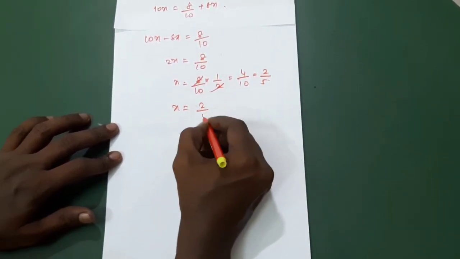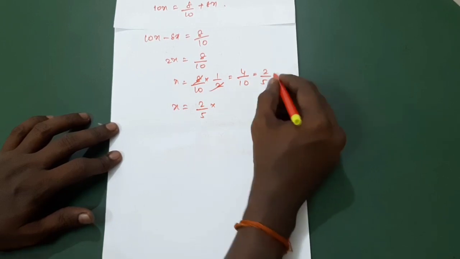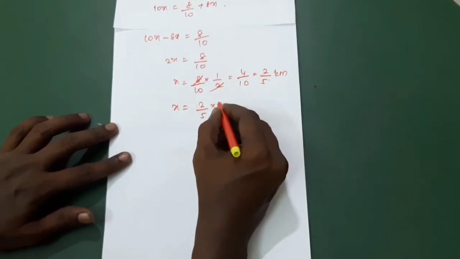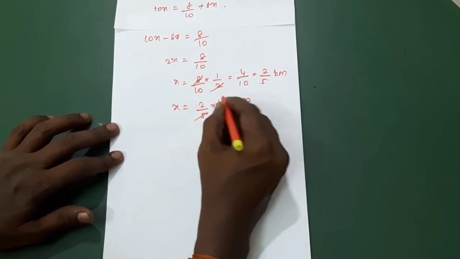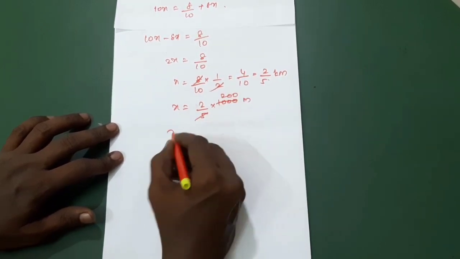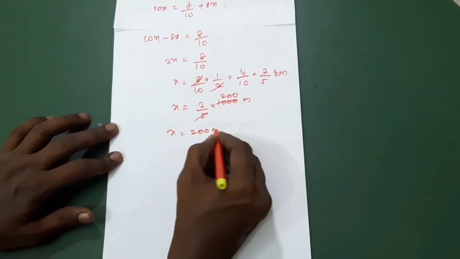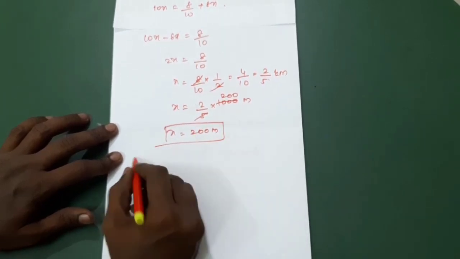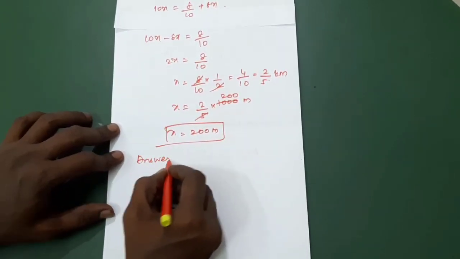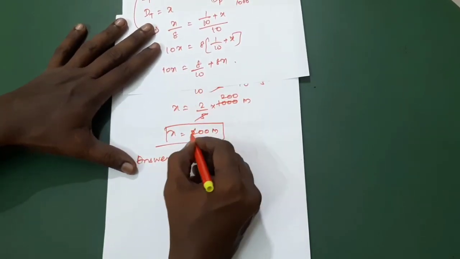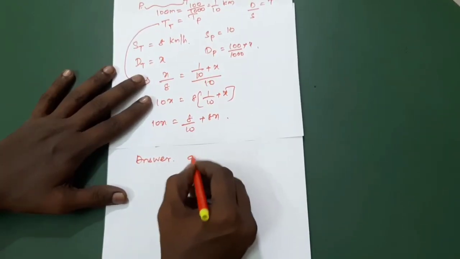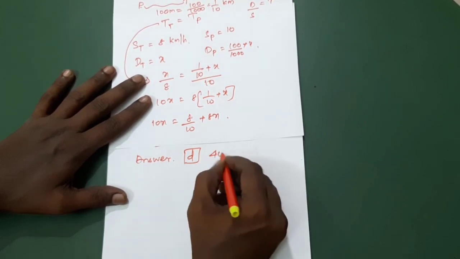So 2 by 5 kilometers, into 1000 meters, so this is 400. So x is equal to 400 meters. The answer is D, 400 meters.